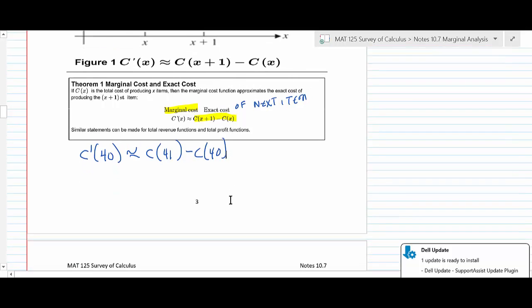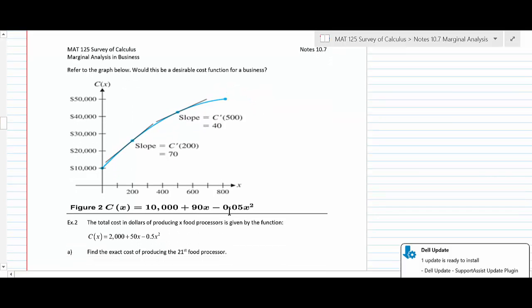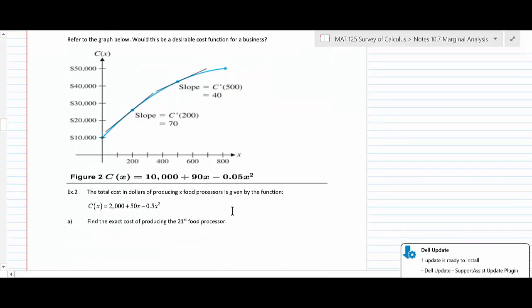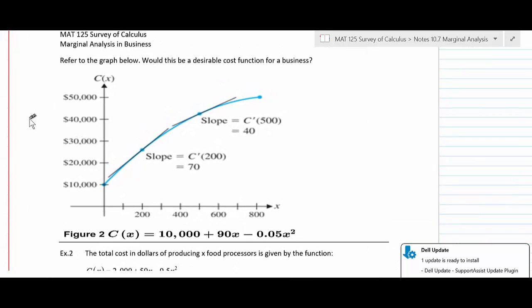Okay, so let's look at a couple of things on here. Another example. This is a more specific example of what's going on with this particular function. So you have c bar of 200. One thing I wanted to go over is this one curve right here.